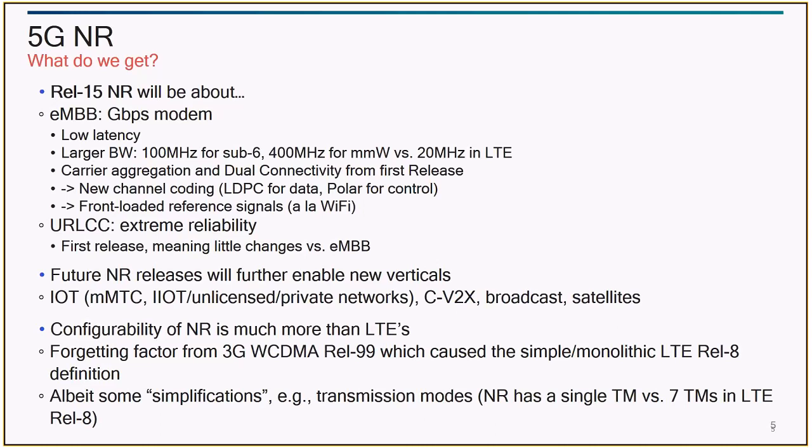NR is much more configurable. We are not as complicated as 3G WCDMA release 99, where the same configuration could have been done with radio bearer configuration, physical layer reconfiguration, transport bearer configuration, or as simple as release 8, where everything happens in the RRC connection reconfiguration, a single message. It's a balancing factor in terms of protocol stack between these two.